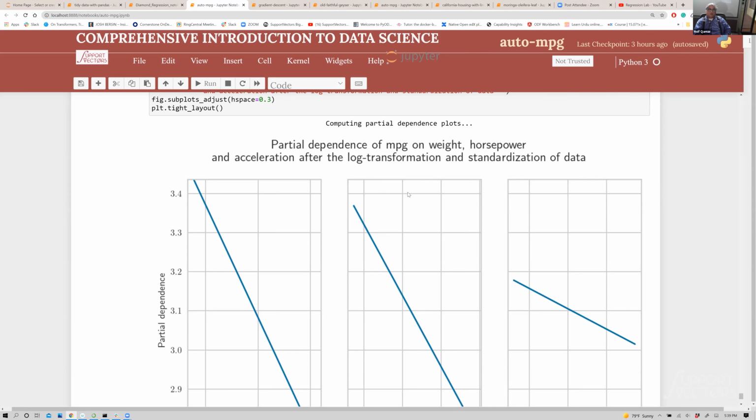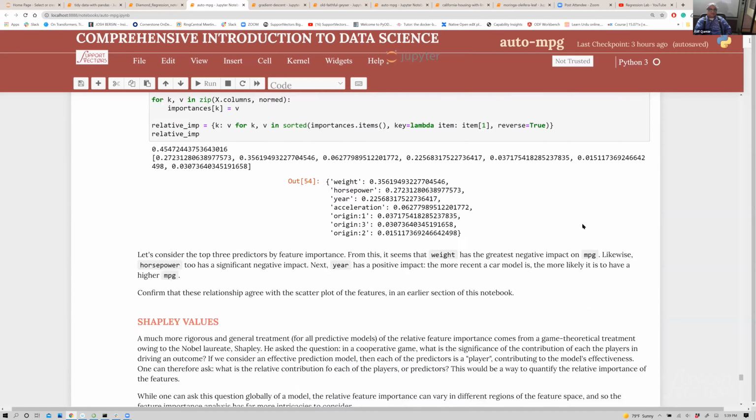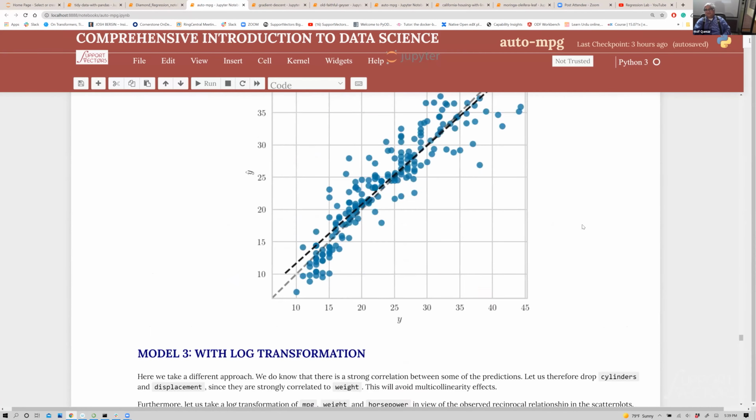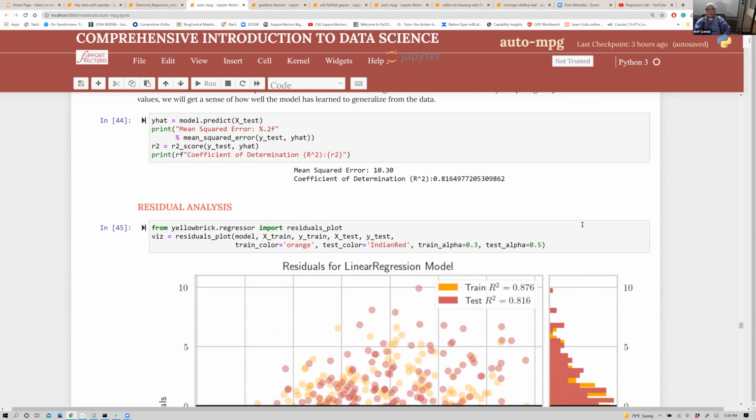It's a long analysis of a simple data set, but I want you to get used to this thorough, careful, methodical analysis of the data, and get into the habit of doing it.